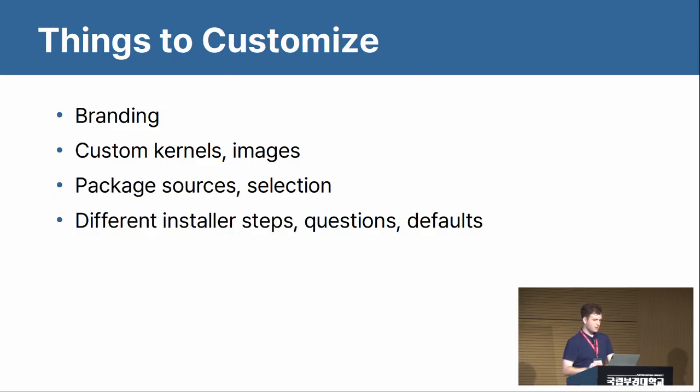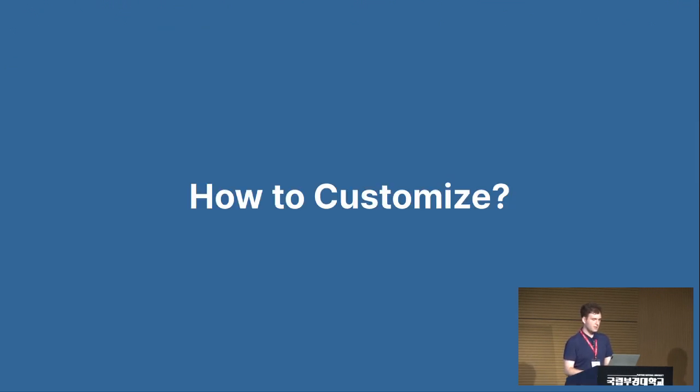We would want to customize package sources, selections, and different installer steps, questions and defaults, as some derivatives might want to add them. These are basically very hard to add at this stage. Like, I've been working on Chromebooks, and while starting this, I would have to do two things. I would have to modify the partitioning system.